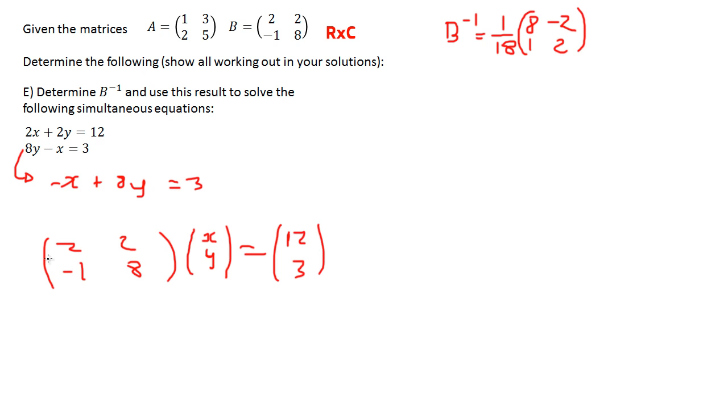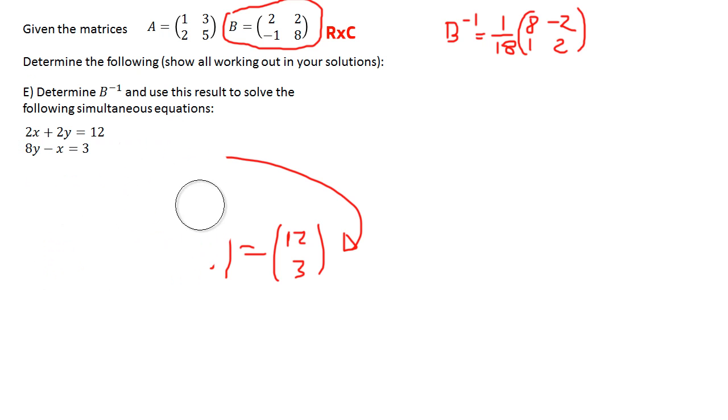Okay, as you can see, this is the same as that, and this is basically B, if you look up here, that's B. So this means that if we use the inverse of B, we can find the answer to the simultaneous equations.